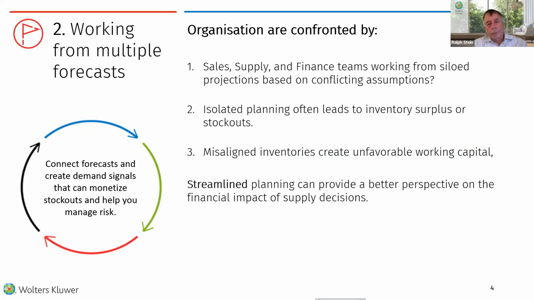Also, having everything working in the one environment, you can ensure the inventories are aligned. That's where I was talking about having a system which tells you where your stock is. Is it in a distribution warehouse? Is it in a state distribution center? Or is it in a locality?